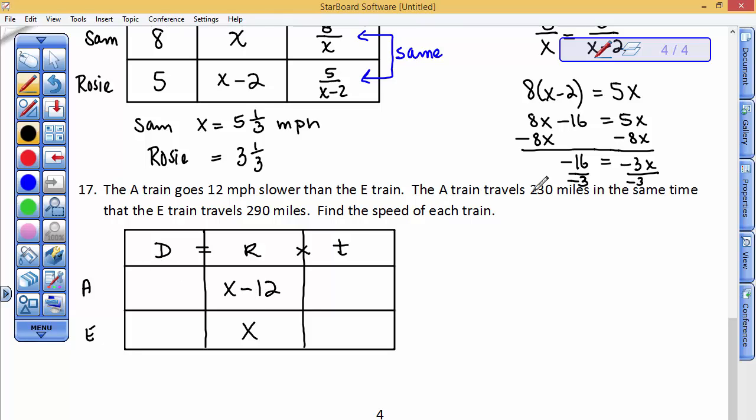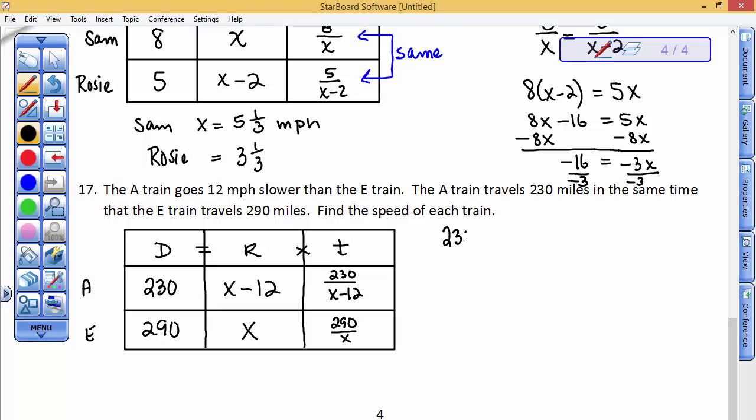The A train travels 230 miles in the same time that the E train goes 290. 230, 290, same time again. So over here a fraction, 230 divided by x minus 12, 290 divided by x, because these are the distances divided by the rates.